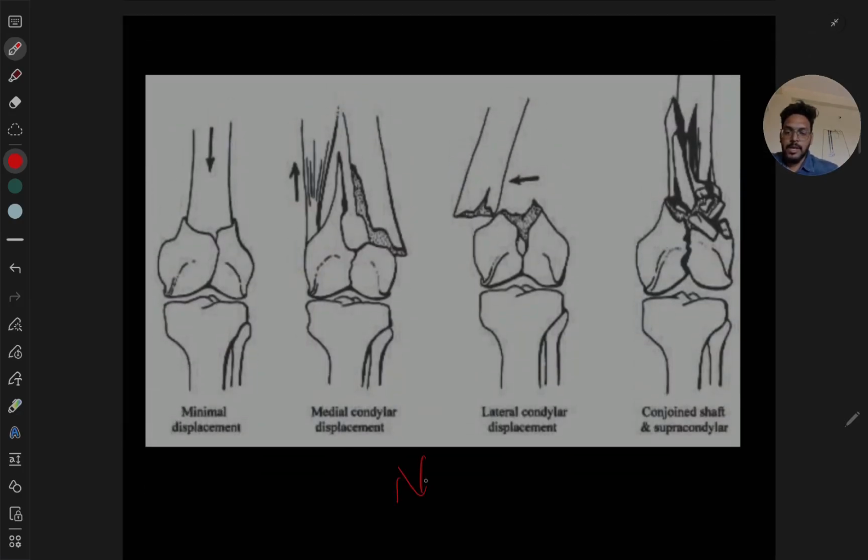This is the Neer classification. See, the fracture is undisplaced. So an undisplaced or minimally displaced fracture is type 1. If the medial condyle is fractured with displacement, it is 2A.